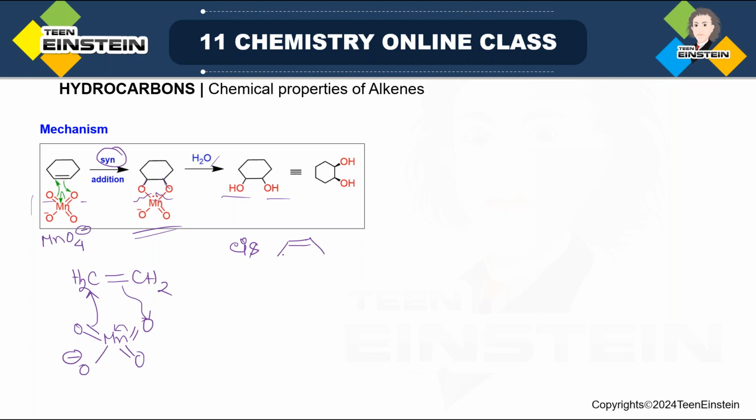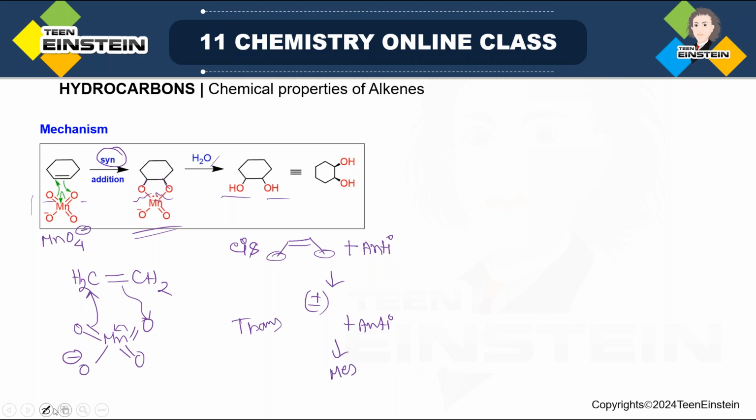Now when it already has groups on the same side and you are doing an anti mechanism, then we have seen we are getting a pair of compounds, plus minus. We write it in this way. You are getting a pair of enantiomers. And when it is trans, that means both the methyl groups are on the opposite side, and then again anti mechanism, now you are getting meso compound.